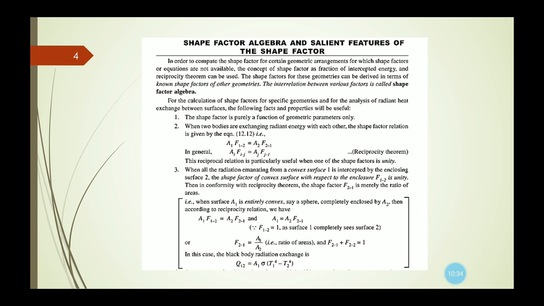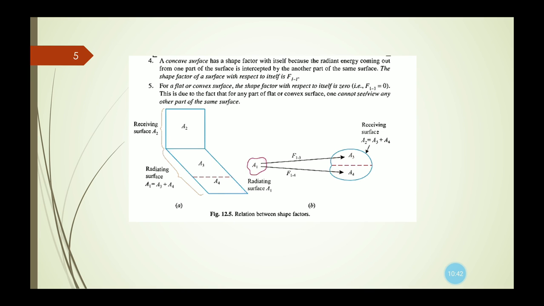Now in case of black body radiation heat exchange, Q12 equals A1 sigma (T1 to the power 4 minus T2 to the power 4). Next, the concave surface has a shape factor with itself because the radiant energy coming out from one part of the surface is intercepted by another part of the same surface.